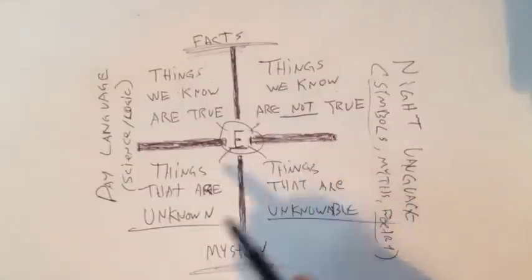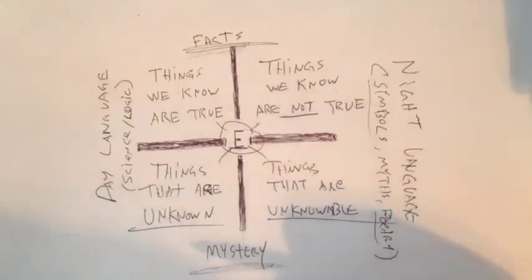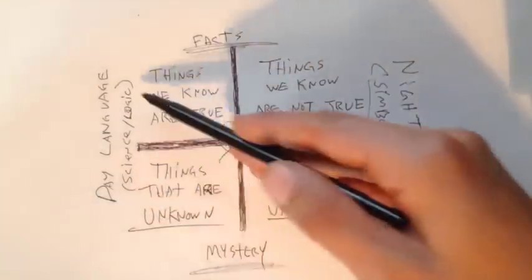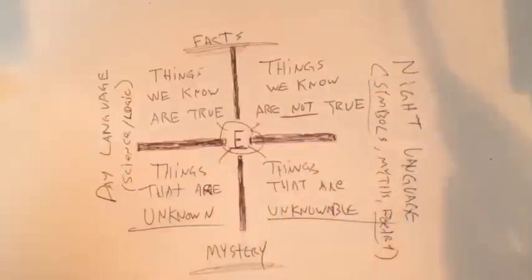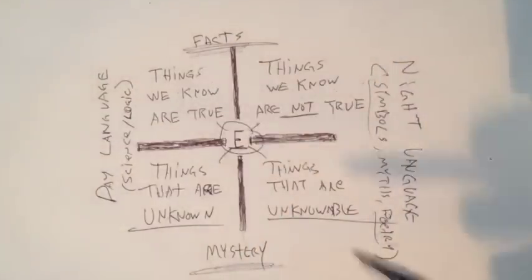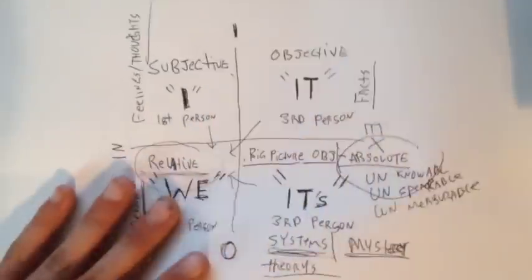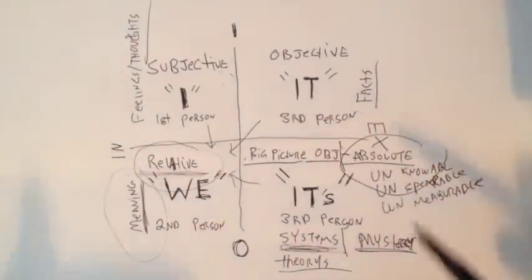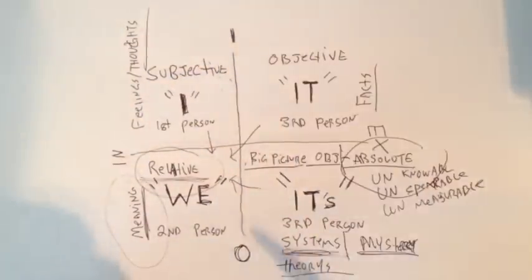What kind of language are we talking? Are we talking a logical, scientific, third-person language? Or are we talking a poetic, metaphorical, mystery language that's poetic to get us to think and feel differently about how we relate to the world?